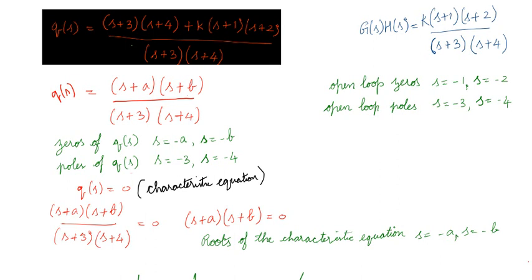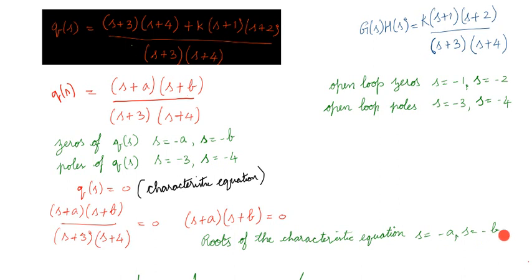Next, if I equate Q(s) to 0, it becomes the characteristic equation, right? I know what Q(s) is. I equate it to 0, the denominator goes to the right side, and it vanishes. So (s plus a) into (s plus b), right? Now you equate s plus a and s plus b to zero. The roots are s equal to minus a and s equal to minus b. So these are the roots of the characteristic equation.